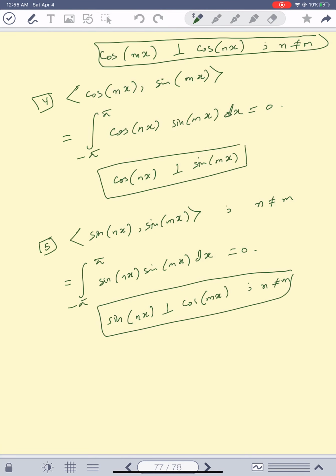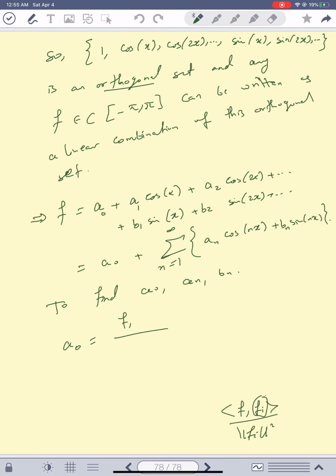So in the Fourier series case, what is the function that we multiplied the a naught with? The function was 1, right? So now we take f and make the inner product with 1, over the magnitude of 1 squared. So this is 1 over the magnitude of 1 squared times the integral from minus pi to pi of f of x dx.